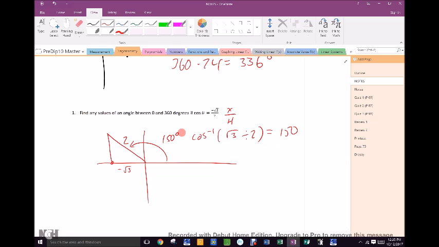Now, is that the only place that that theta exists? Okay, I'm telling you right now, there's another answer to this. You all have 50% on this question.